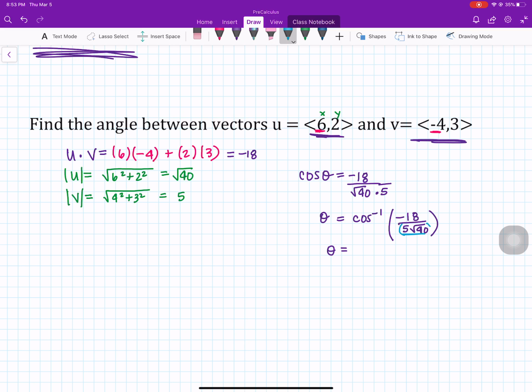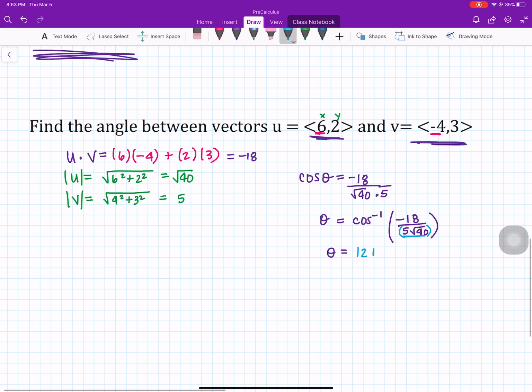Depending on the version of your calculator, it might not be sophisticated enough to realize that you want both 5 and root 40 in the bottom when you're punching it in. So you might want to be careful and put 5 root 40 in parentheses, just to be safe.